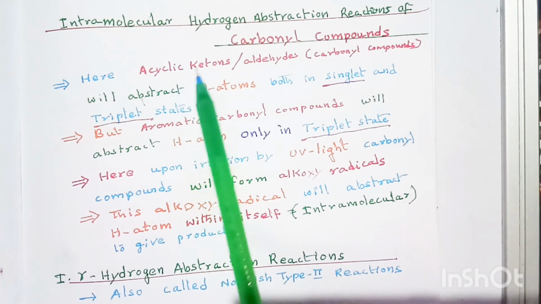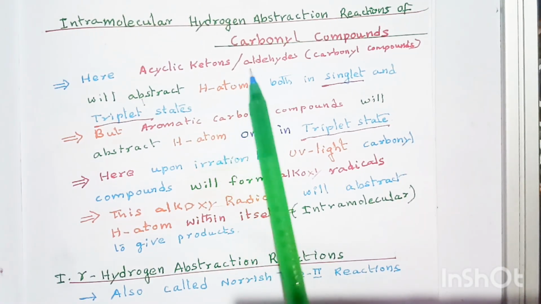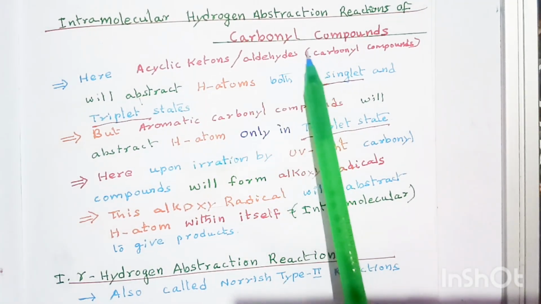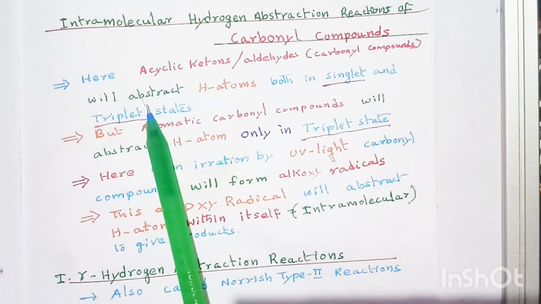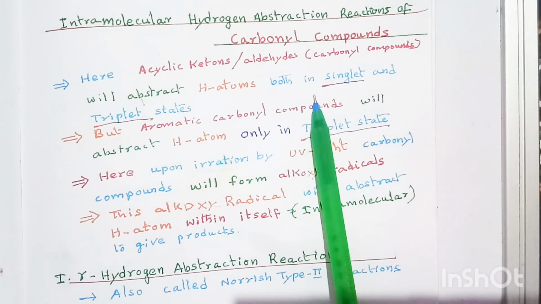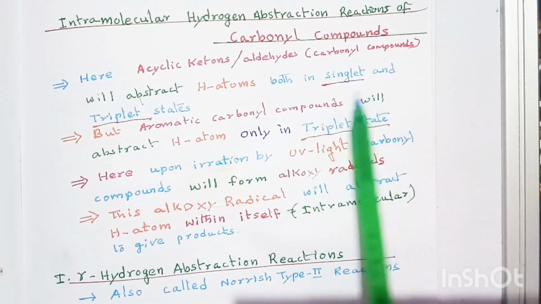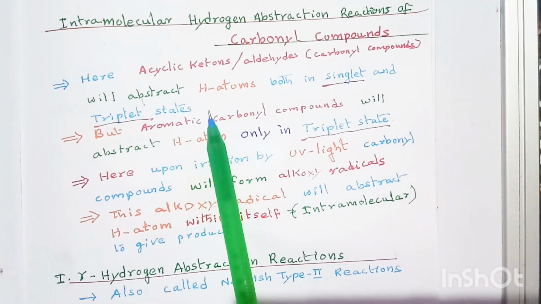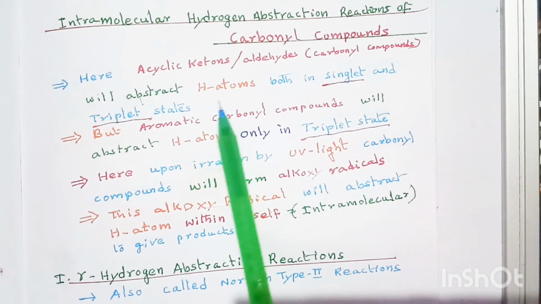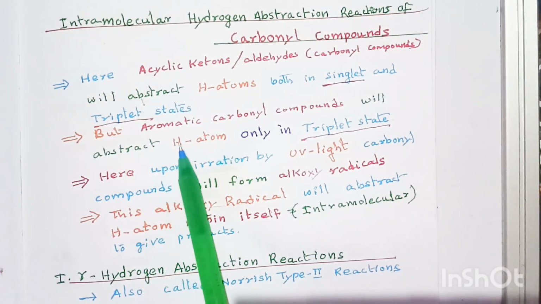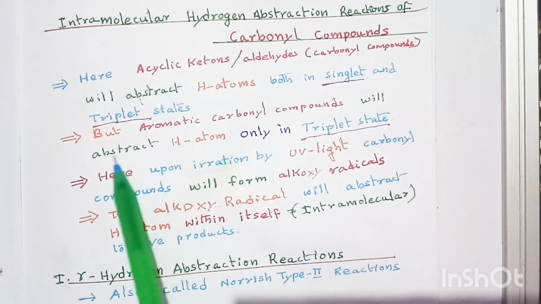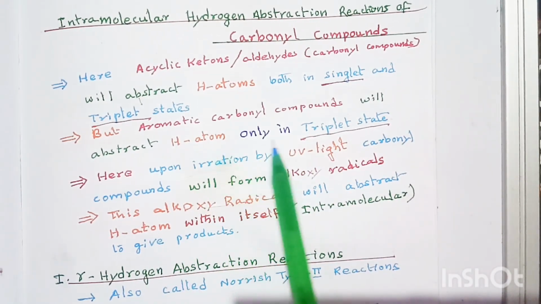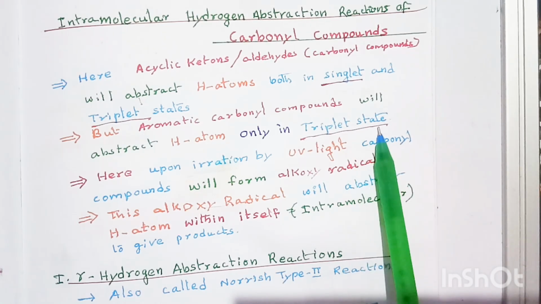Here acyclic ketones or aldehydes, which are carbonyl compounds, will abstract H atom in both singlet and triplet excited states. But aromatic carbonyl compounds will abstract hydrogen atom only in triplet state.